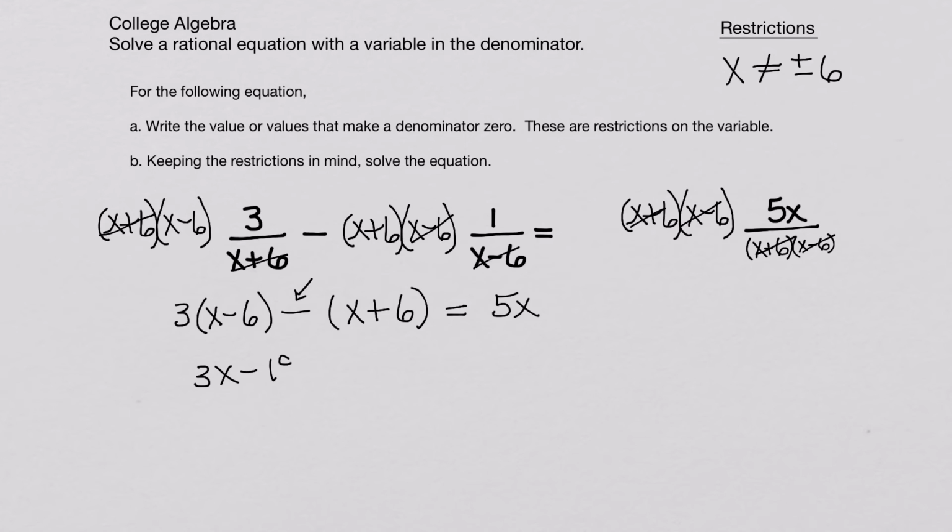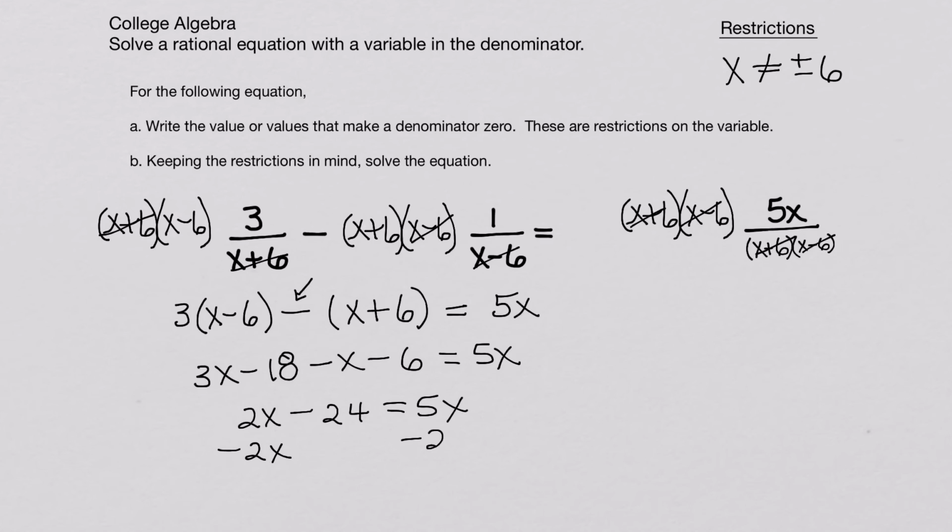3x minus 18 minus x minus 6 equals 5x. And I'll combine like terms on the left to get 2x minus 24 equals 5x. And then I can subtract the 2x over. I'm going to need that room after all, I think.